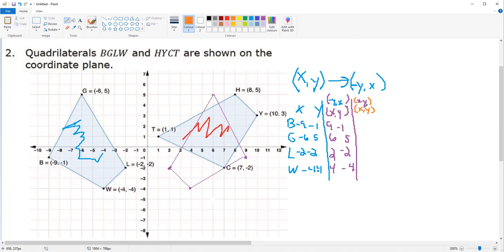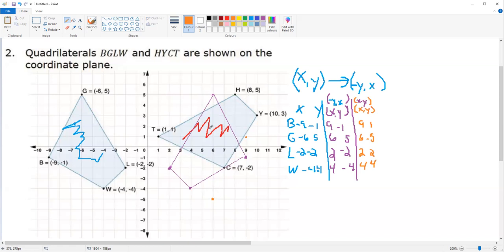Okay, so the x values stay the same, and the y values are going to change in sign. So let's do that. We've got 9 and 1 now. 6 and -5.